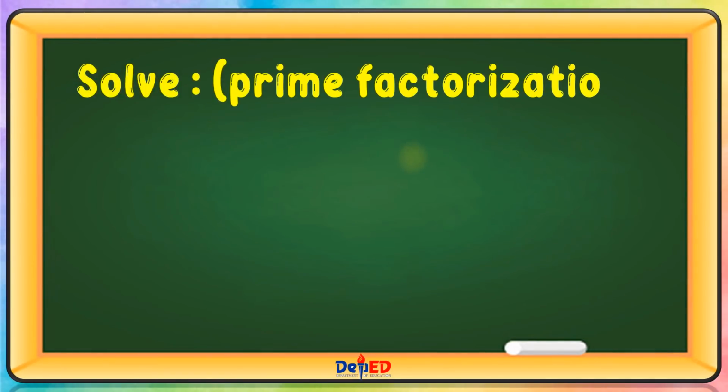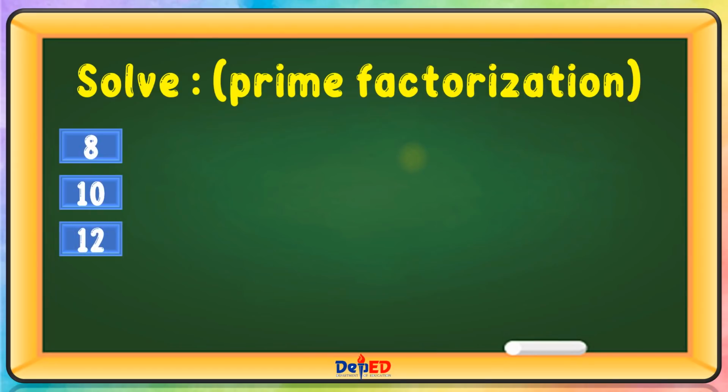Let us solve by using prime factorization. 8, 10, 12. The prime factorization of 8 is 2 times 2 times 2.